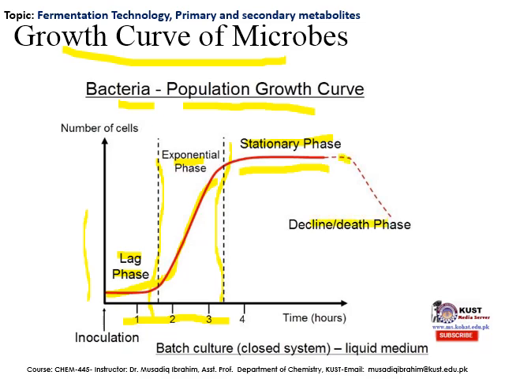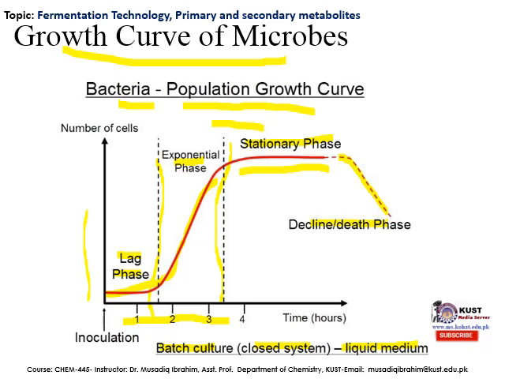Here you can see that with the passage of time, cell decay starts and eventually the cells are dead. This population growth curve is for the batch culture in a closed system of fermentation along with the liquid medium which is provided as a nutrient for the microbes.